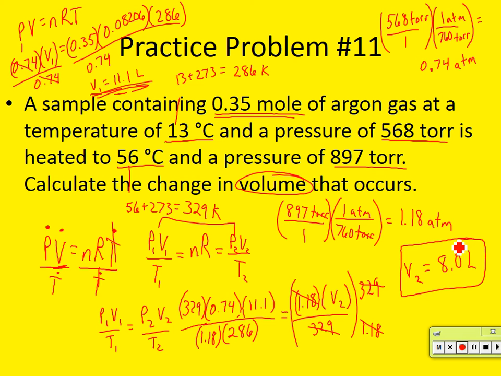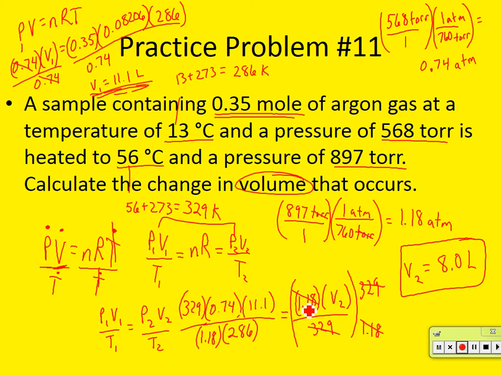Okay, let's see if we can make sense of that, because temperature went up. What should volume do if temperature goes up? It should go up, but there was another variable changing. What was it? Pressure. Pressure was initially 0.74, and finally the pressure went up.